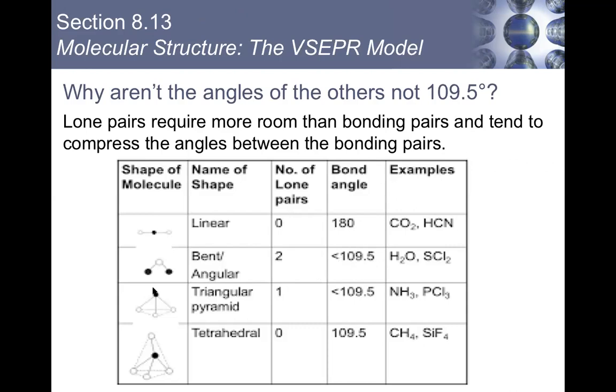If you have 1 lone pair up here, it's less than 109.5. And if it's tetrahedral, it's just 109.5. What if there were no lone pairs on this one? What would its bond angle be if it was 3 single bonds with no lone pairs?